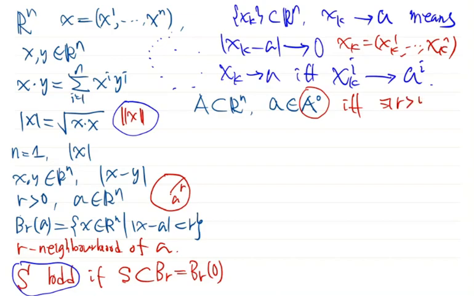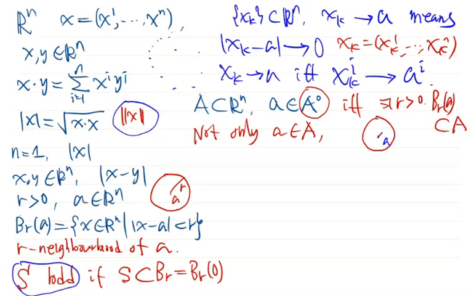There is a positive r such that B(r, a) is a subset of A. That is, not only a is in A, but all points near a also are contained in the set A. So this is the meaning of an interior point: the point not only belongs to A, the points around this point also belong to A. Then a is an interior point.